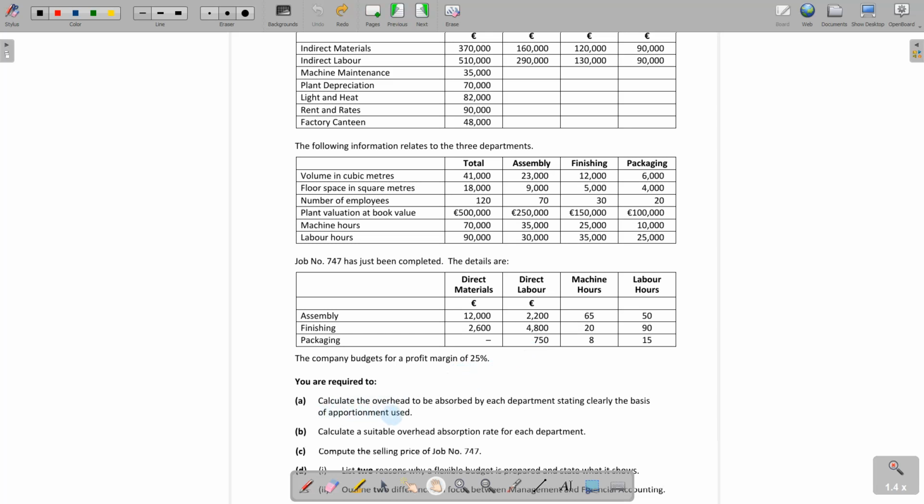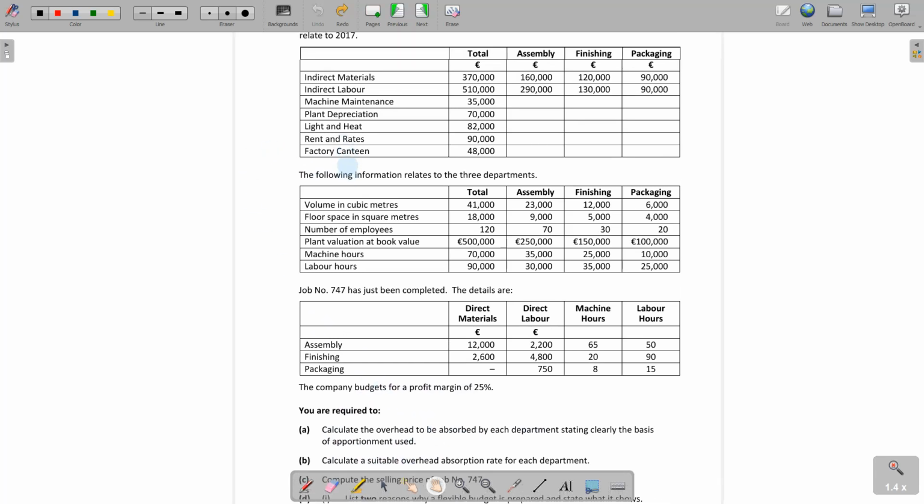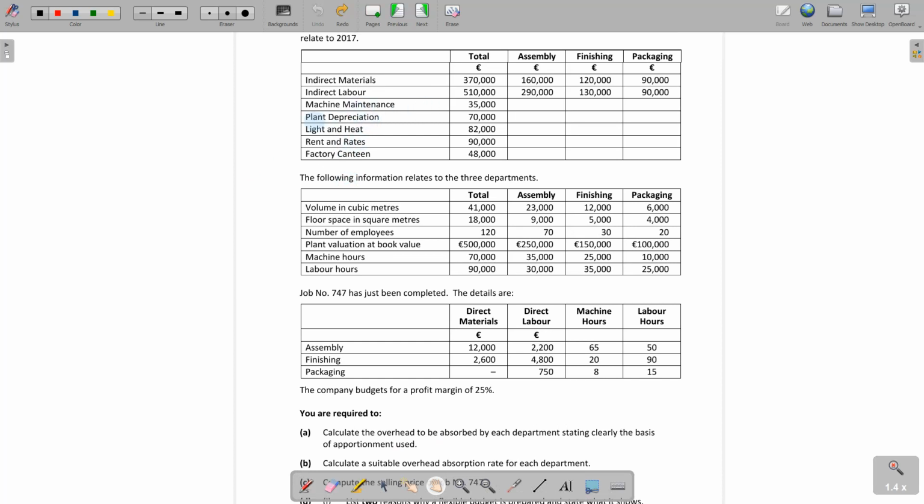So calculate the overhead to be absorbed by each department, stating clearly the basis of apportionment used. This is where we look at the overheads: machine maintenance, plant depreciation, light and heat, rent and rates, factory canteens, that can't be directly associated with any department without us first looking at it.